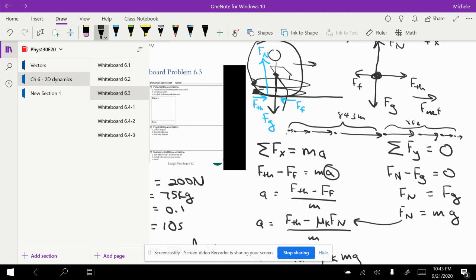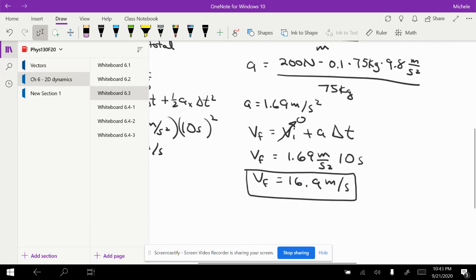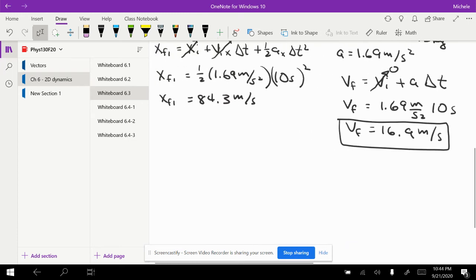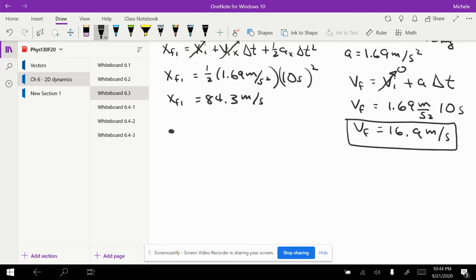So we need a new free body diagram because all of a sudden this piece of the free body diagram is gone, because the jetpack only lasted for 10 seconds. Okay, so new free body diagram. We're just going to have the force of the normal, the force of gravity, and then we have the force of friction. So Sam is moving to the right, but the force of friction is slowing him down.